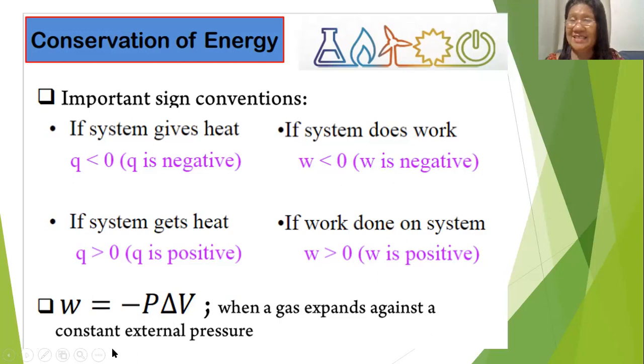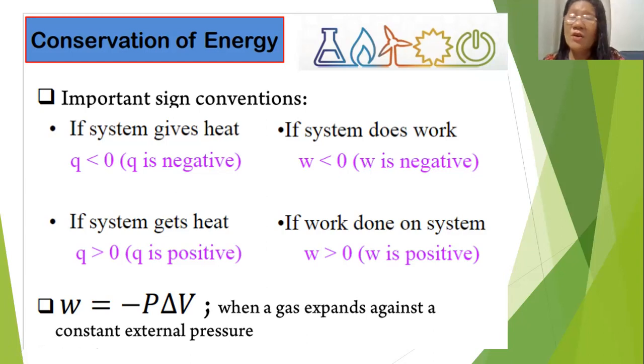First thing in heat. Okay. So if system gives heat, kung ang system mo ay mohatag og heat, what happened? Therefore, heat or Q is less than 0. So, Q is negative. So, basta system gani gives out heat, your Q is negative, because less than 0 ang imong heat.